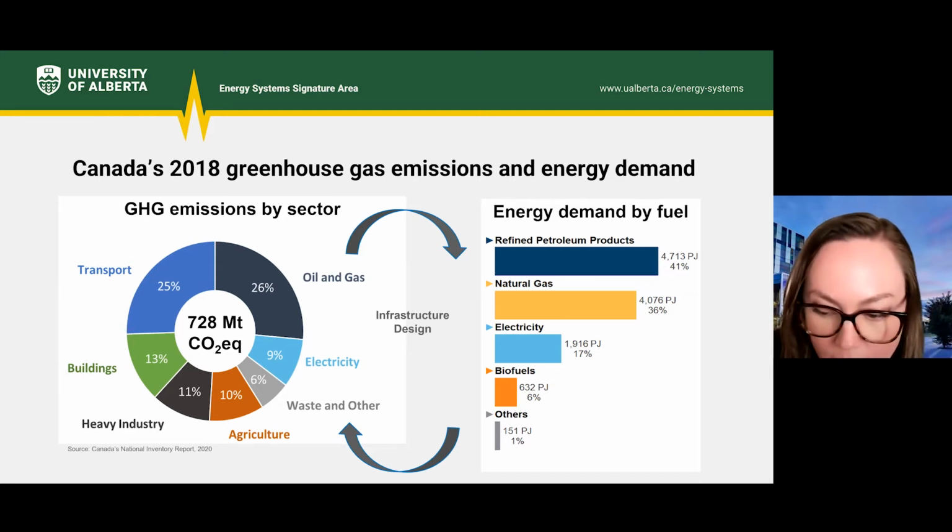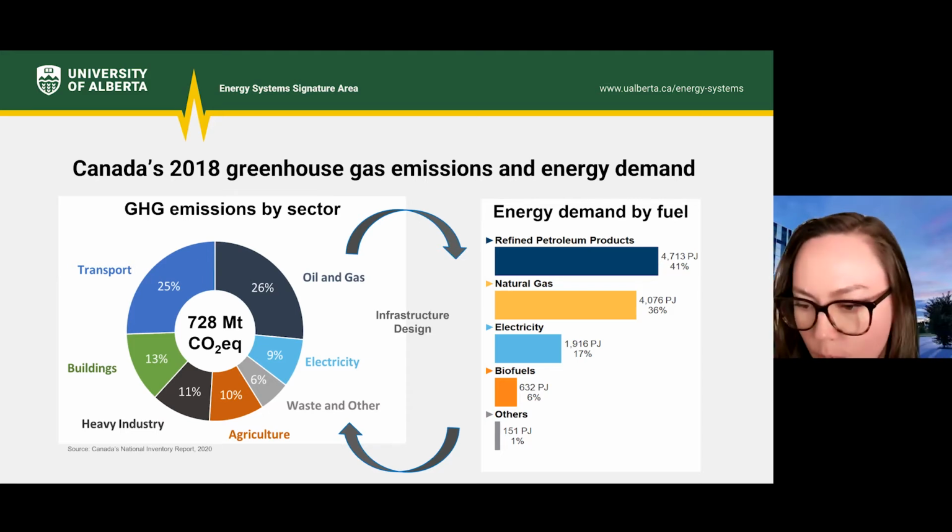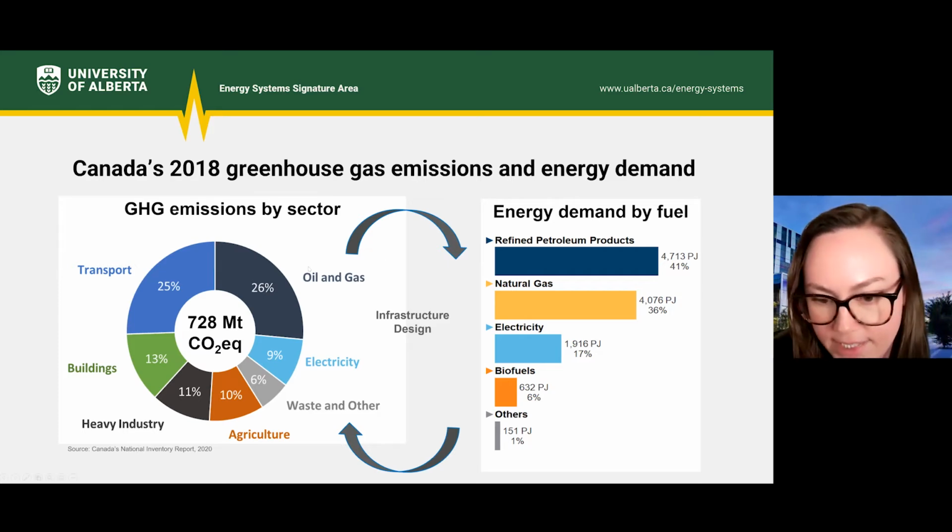And so to do that would require a lot of investment in infrastructure redesign and new technologies. But the question then is, what do we know? What changes should we make to get the biggest benefit? And where should we prioritize our changes to meet our decarbonization targets?